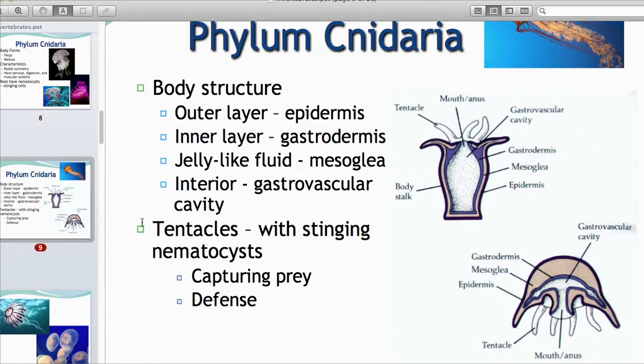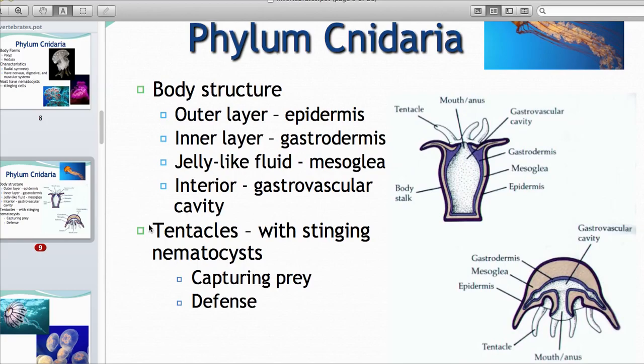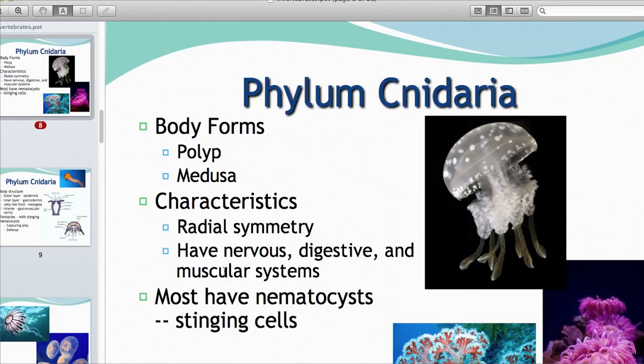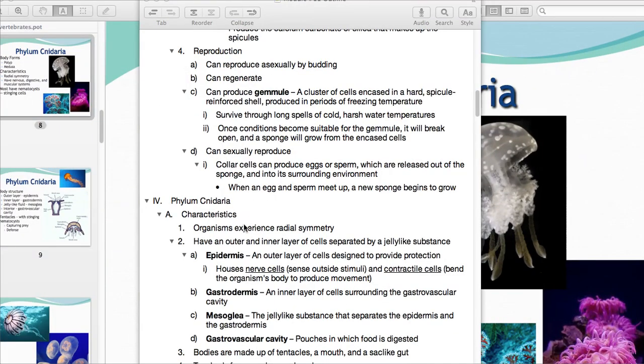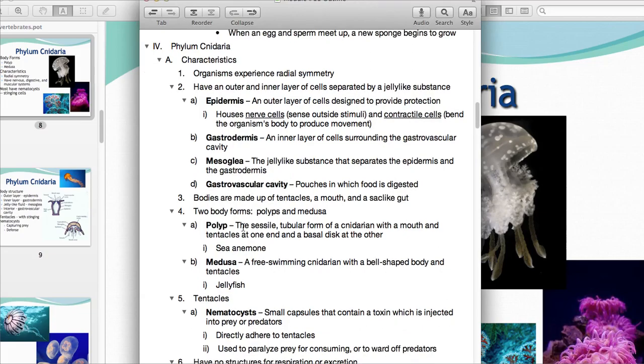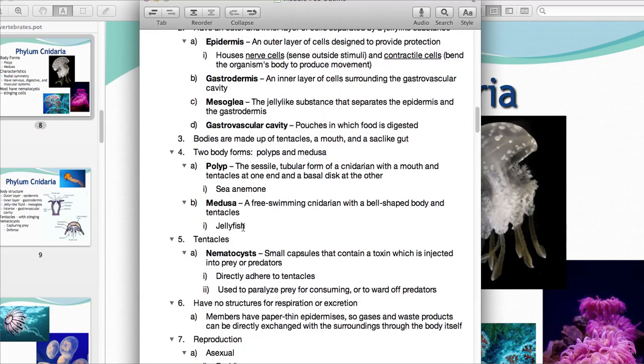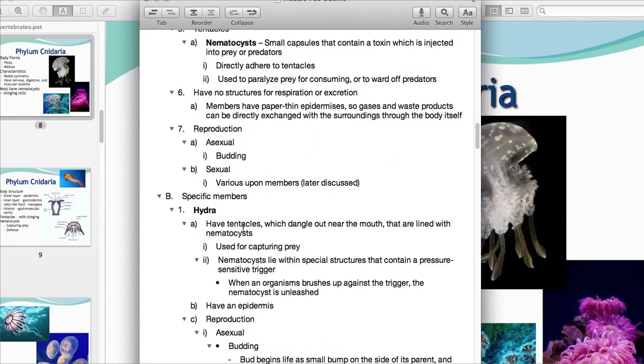Now let me see if there's anything else you really have to know here about jellyfish. I think we pretty much covered it all. They have nervous, digestive, and muscular systems. Let's see here, Phylum Cnidaria. So we pretty much went over everything.